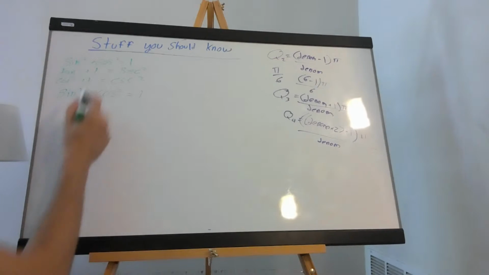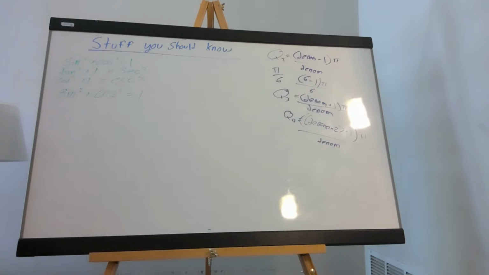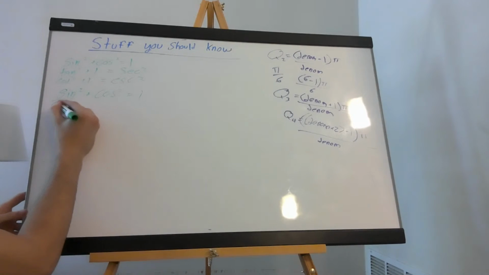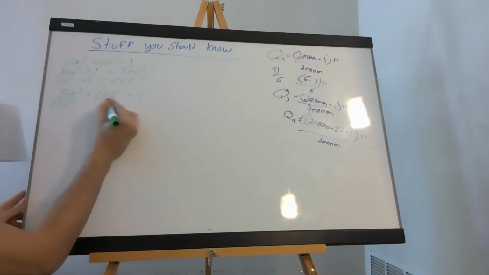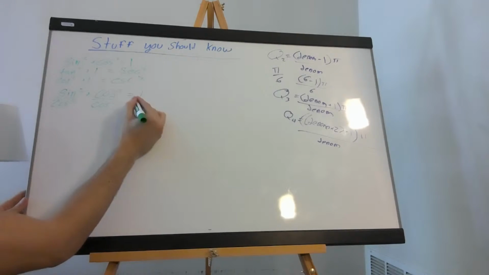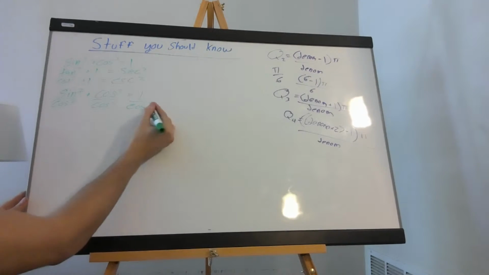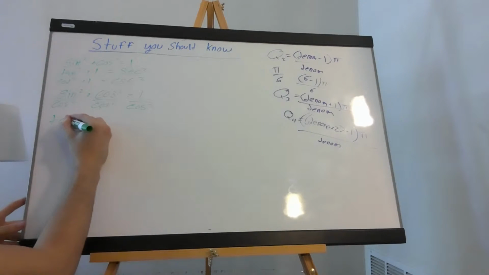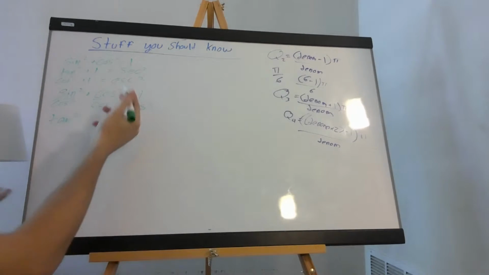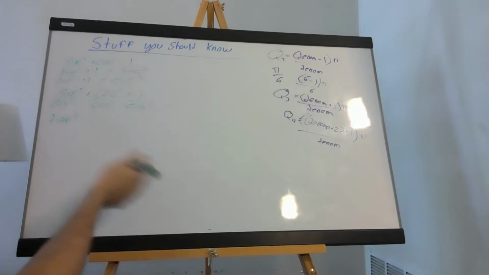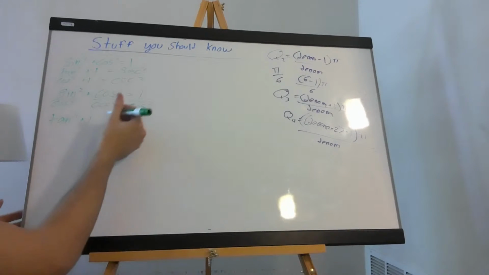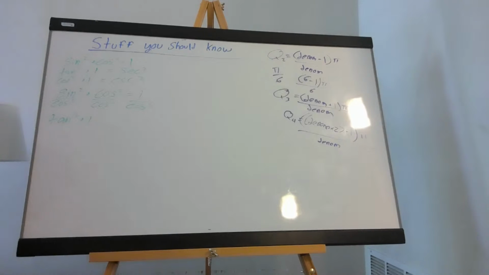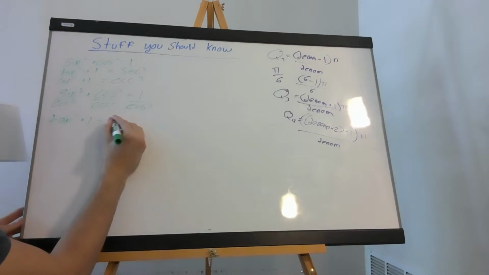So if we want to get to this one, why don't we just divide this whole thing by cosine squared? Oh yeah, I know I'm blowing some minds right now. So sine squared over cosine squared gives us tangent squared. Cosine squared over cosine squared, same thing over same thing, gives us 1. And then 1 over cosine squared, the reciprocal function of cosine squared, is secant squared.